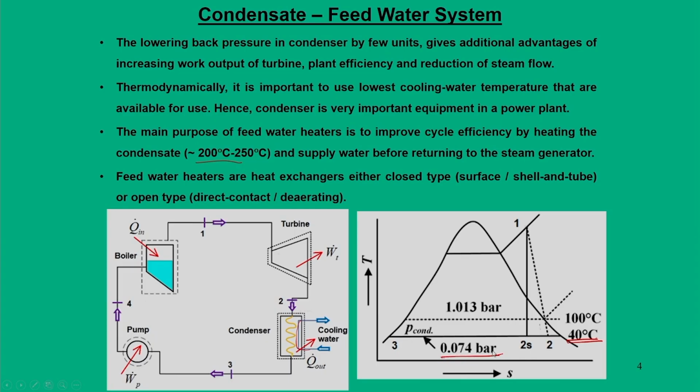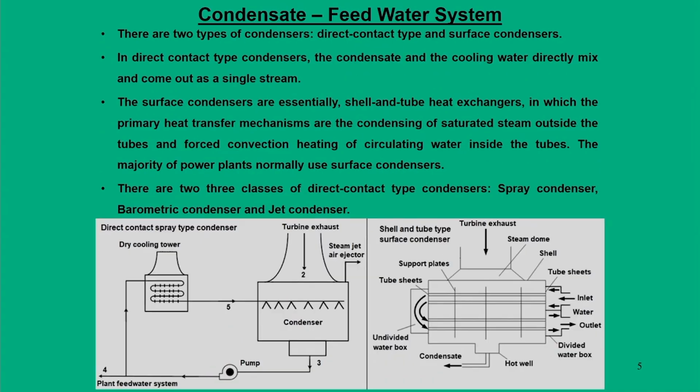This is the standard way all steam turbines operate, and one must understand that atmospheric pressure is much above this condenser pressure. That is why we say a vacuum condition is always maintained in the condenser.